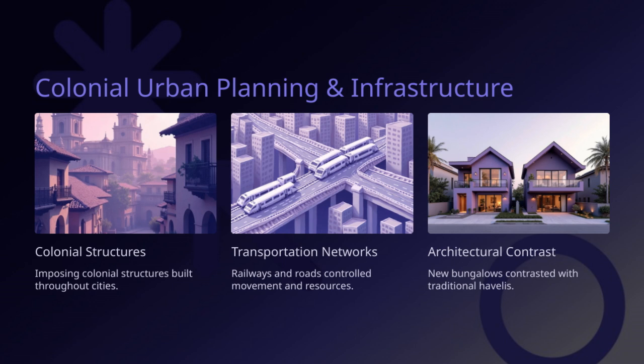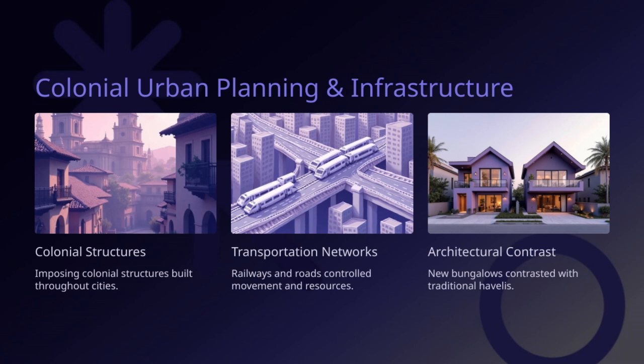Finally, we see the imposing colonial structures that have been built throughout many cities. These buildings often symbolize the colonial influence on urban landscapes. Think of grand government offices, train stations, and administrative centers. They were part of a larger colonial urban planning strategy, which included infrastructure projects designed to control and organize space.